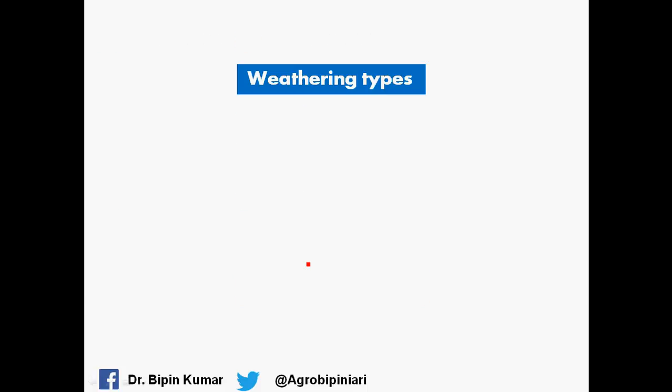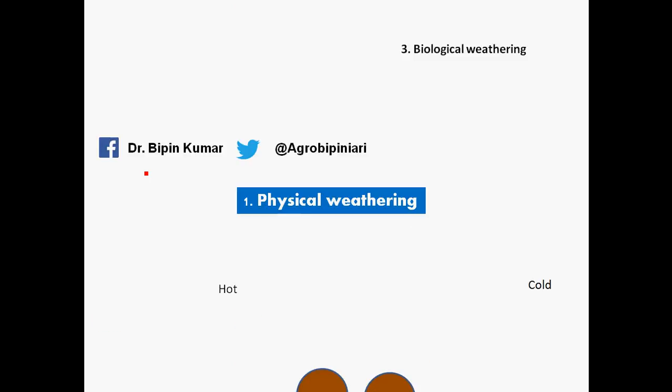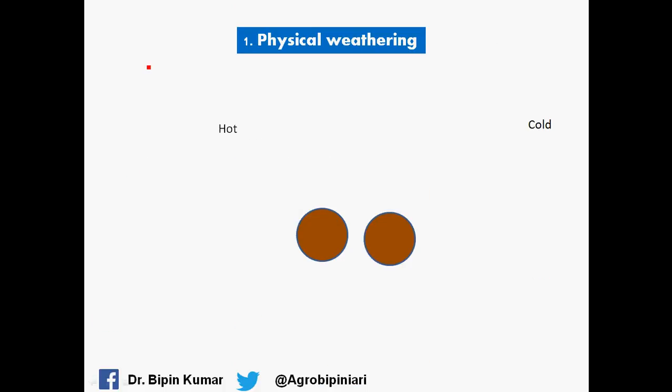So the types of weathering: first is physical weathering, second is chemical weathering, and third is biological weathering. We will discuss each step by step. The first is physical weathering. Hot and cold climate are one of the factors which lead to the formation of soil by the weathering process. How does it happen?